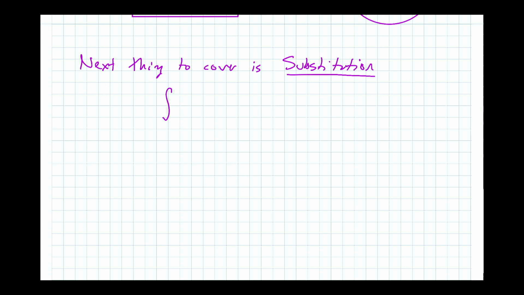So the next thing to cover is going to be substitution. And so specifically, substitution is going to be how to do integrals that we have no idea how to do right now, a certain type. So basically, if you had a problem like this, we would know the answer, right?